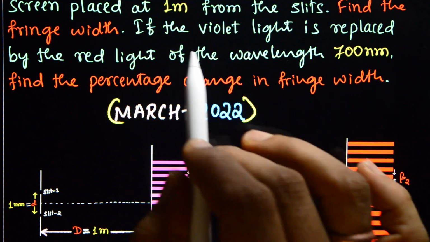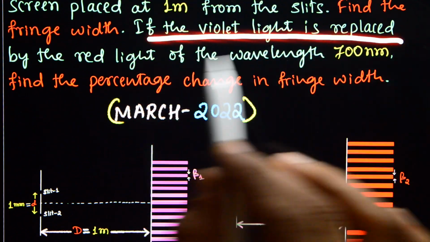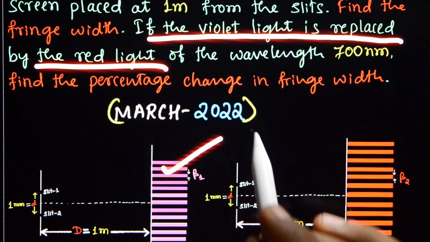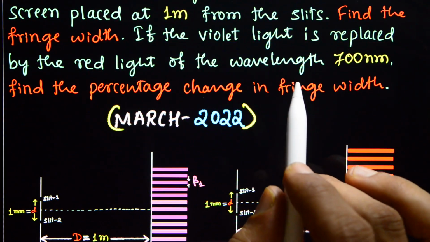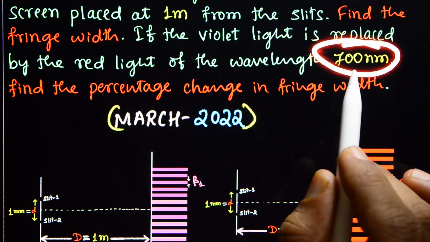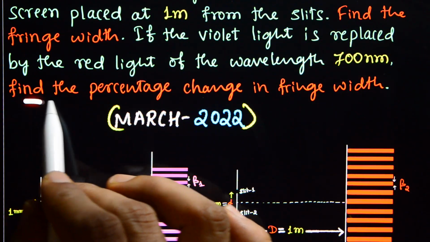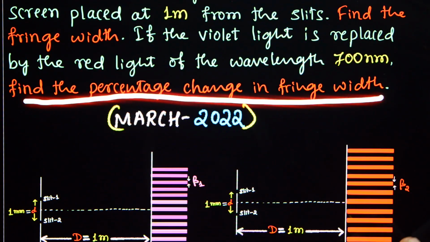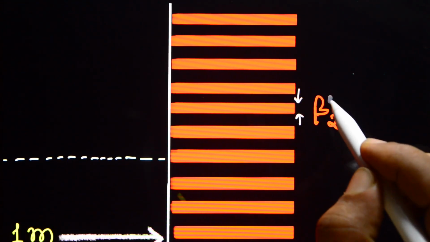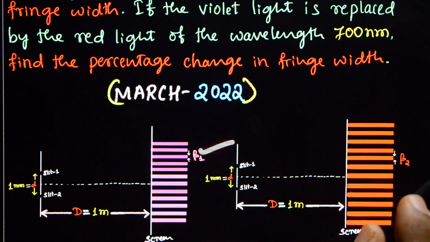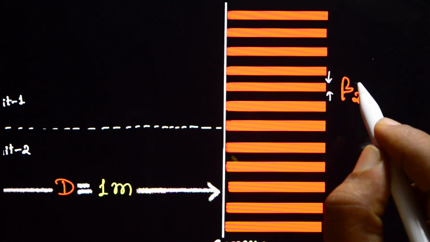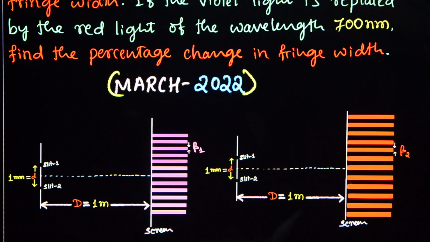Second part: if the violet light is replaced by a red light of wavelength 700 nanometer, you need to find the percentage change in fringe width. Now the fringe width is beta 2. Initially the fringe width was beta 1. Now there is a change in fringe width, that is beta 2. We need to find the percentage change in the fringe width.